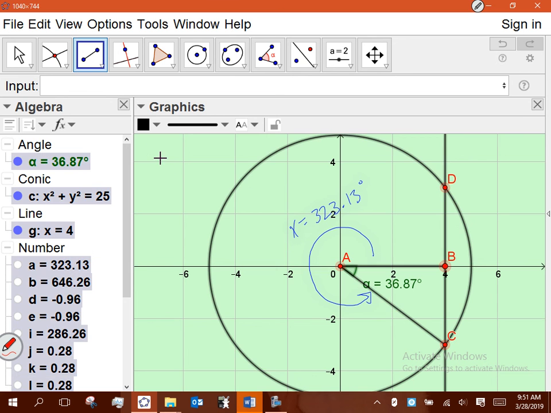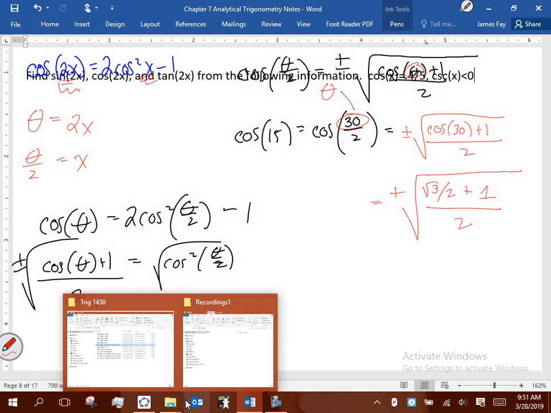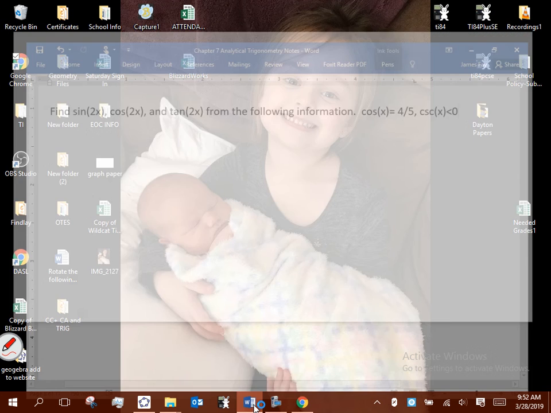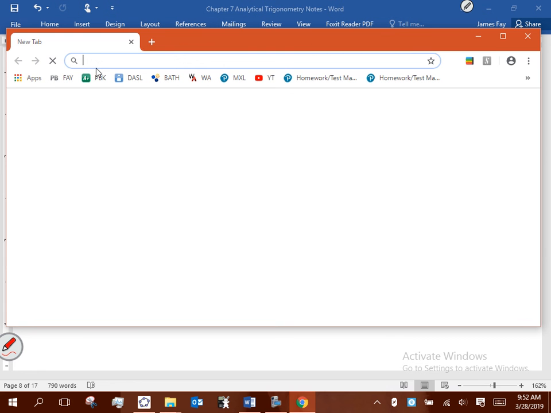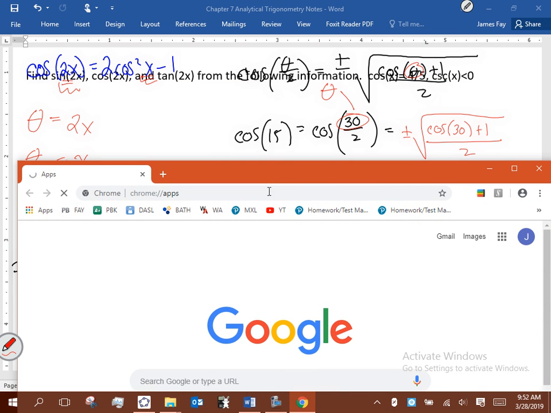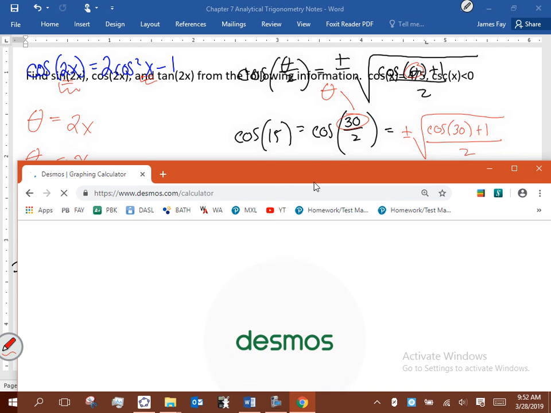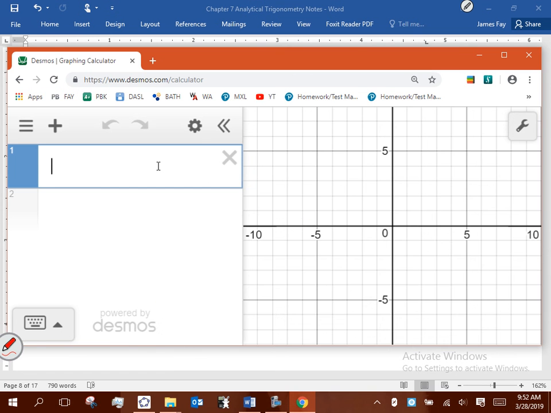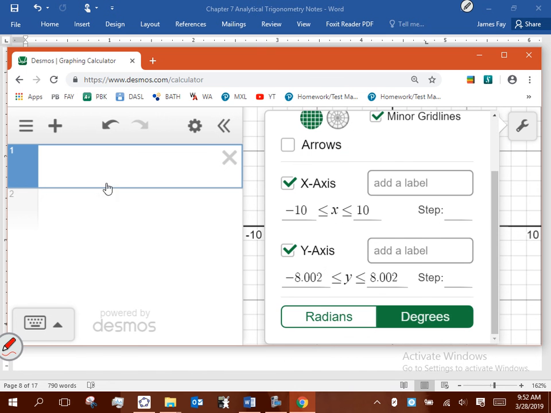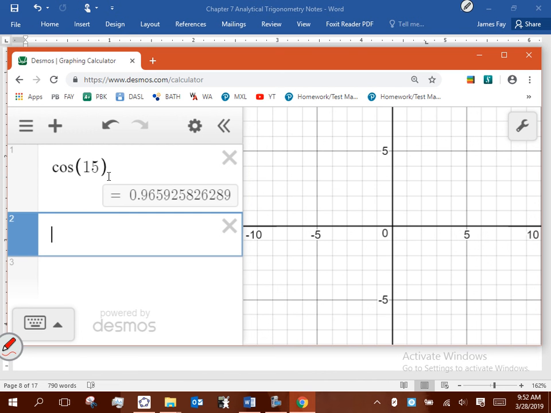that if we... Let's actually do it in Desmos. It's a little bit easier with their formatting. All right, so let's go. Let's make sure we're in degrees here. If I did cosine of 15, that's what we're trying to see if we get, right?